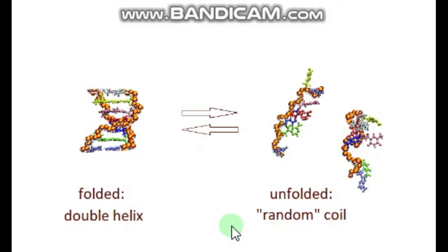In the unfolded state, those bases, the rings with their big, flat, largely non-polar surfaces, are going to be exposed to the water. And so we're going to get an unfavourable entropy associated with the water around these rings having to become quite organised in order to avoid paying a price in terms of the number of hydrogen bonds per molecule.